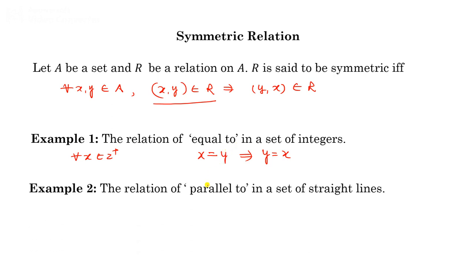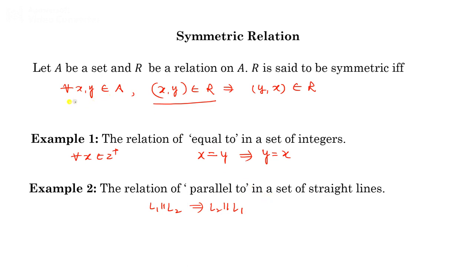Another example, the relation of parallel to in a set of straight lines. Suppose we have two lines, L1 is parallel to L2. If L1 is parallel to L2, then you can write L2 is parallel to L1. So therefore this relation parallel to in a set of straight lines is also a symmetric relation.